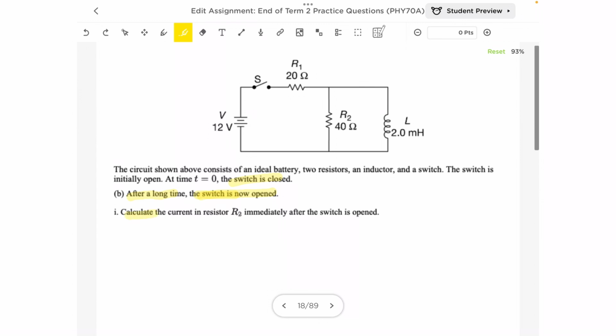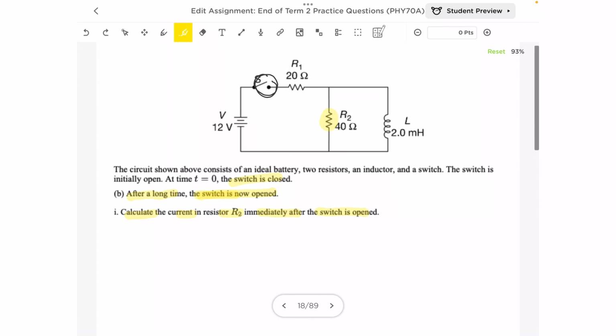We need to calculate the current in the resistor R2 immediately after the switch is open. So the situation is that after a very long time that this switch is closed, we suddenly open it, and then we want to know the current through resistor 2 immediately after the switch is open.